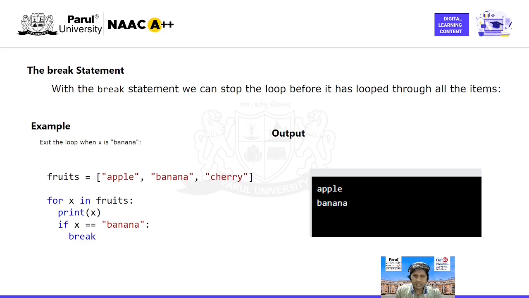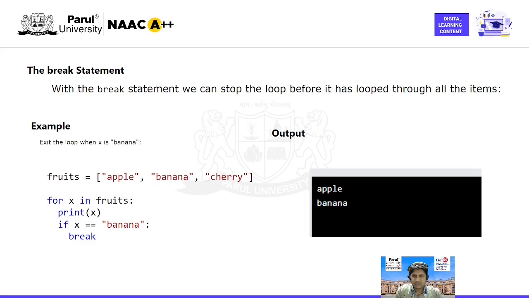Whenever we find the banana, the remaining list will not be printed. Only the list from the first element up to the banana is printed. Once the banana is reached by the variable, it is stopped.